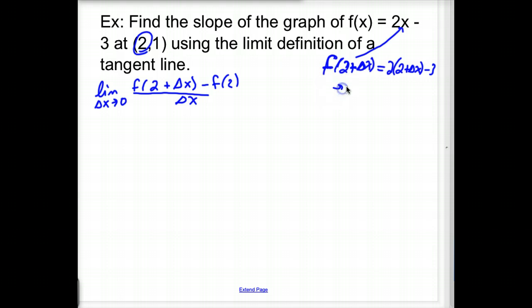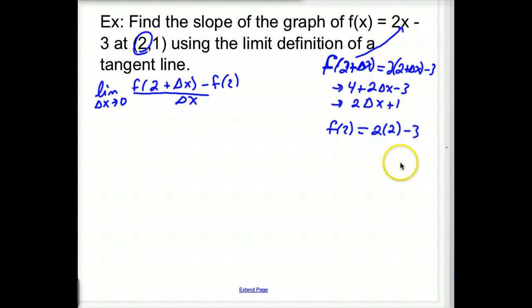So that simplifies to 4 plus 2 delta x minus 3. So that simplifies to 2 delta x plus 1. And now we need to find f of 2. So plug 2 in for x in the function 2x minus 3, and you get 4 minus 3, which is 1. So now we're going to substitute.